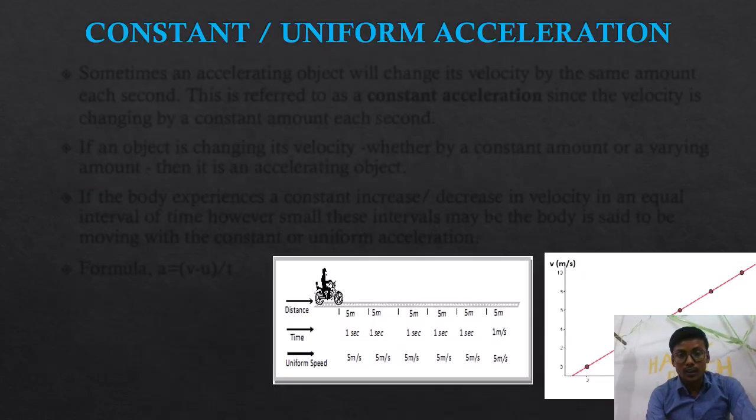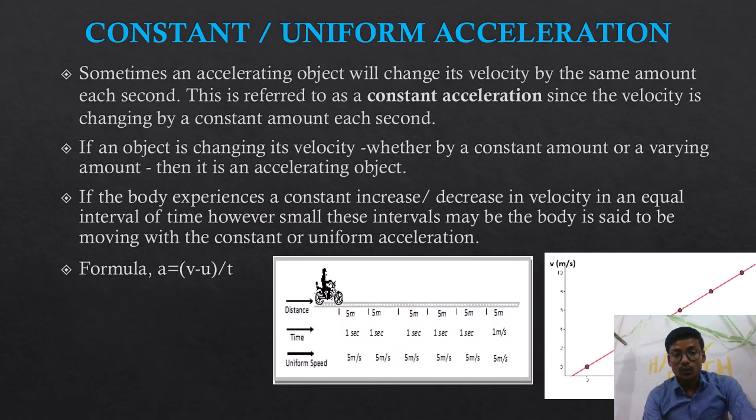So next is constant and uniform velocity. What is constant acceleration? At first we know constant means the same. We know the definition of acceleration: the rate of change of velocity. An accelerating object will change its velocity by the same amount each second.